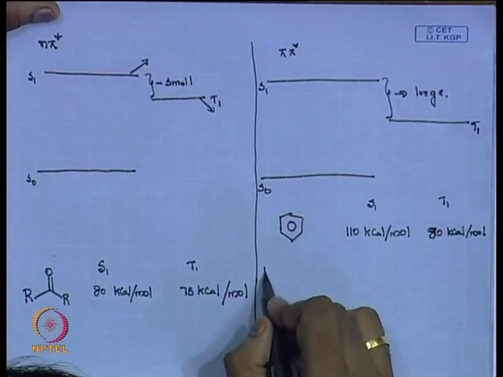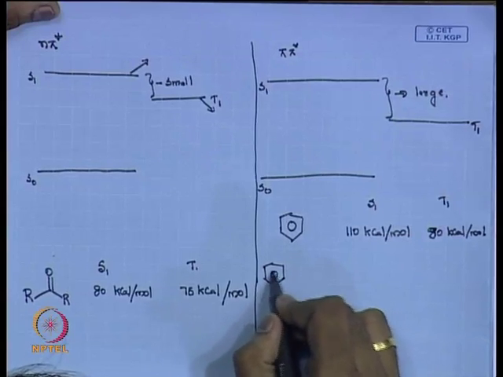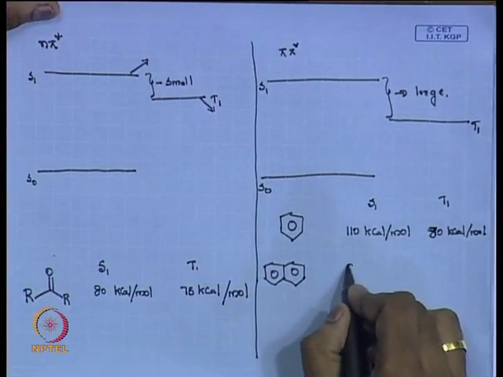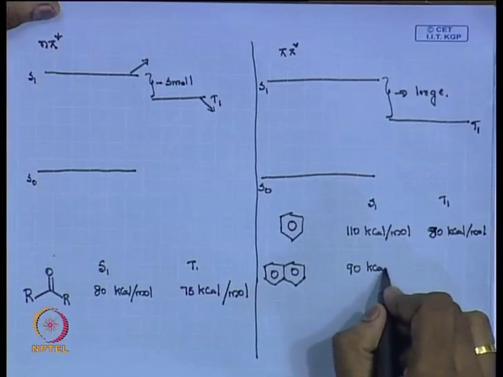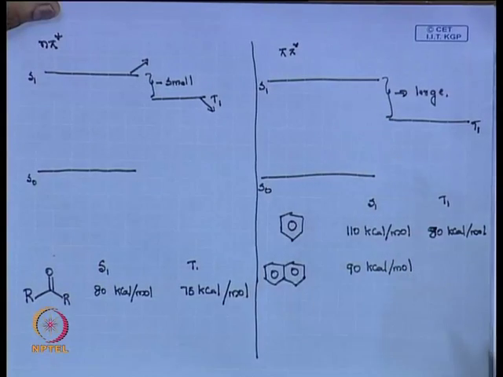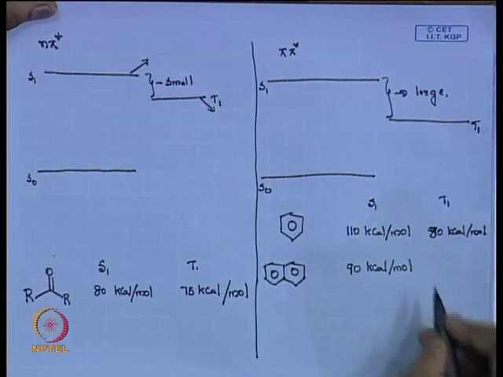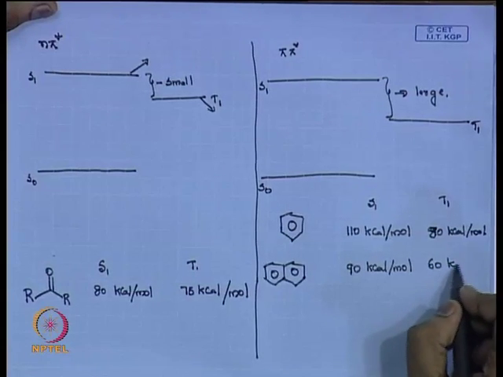In the same way, if I draw for naphthalene, it has an energy of 90 kilocalories per mole for the singlet, and your triplet is 60 kilocalories per mole.